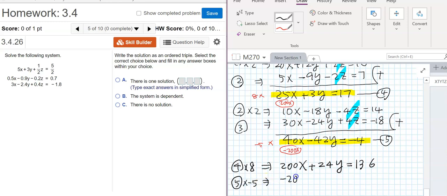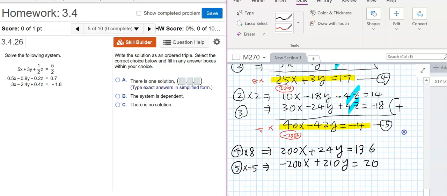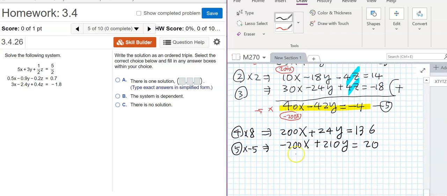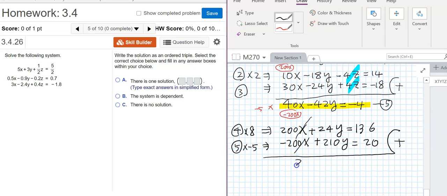So negative 200x plus, because it's negative, 210y equal to, negative 5 times negative 4 is 20. Okay, so now, when I add, the x terms cancel. So 234y equal to 156.